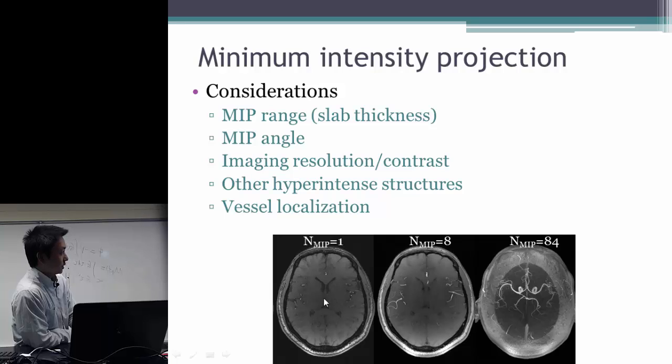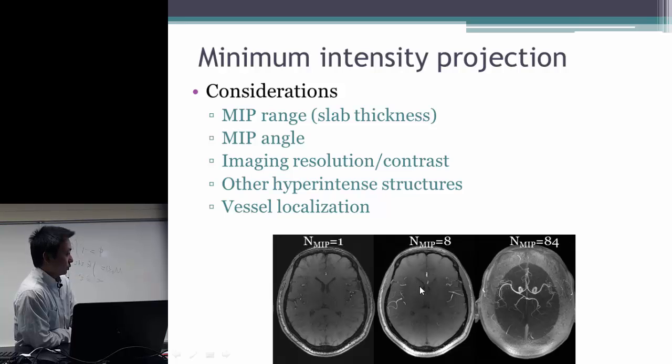So in here, this is the original slice, just one slice image. We can see those vessels as bright dots, but there's not much useful information, and we cannot see clearly the trajectory of these vessels.